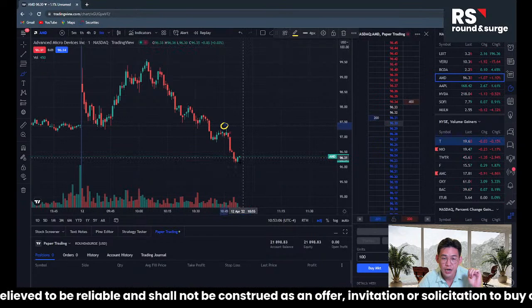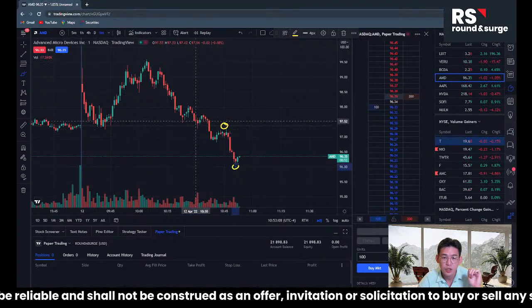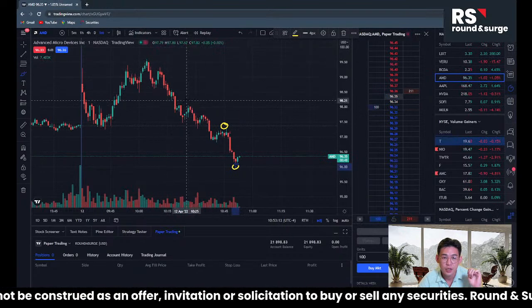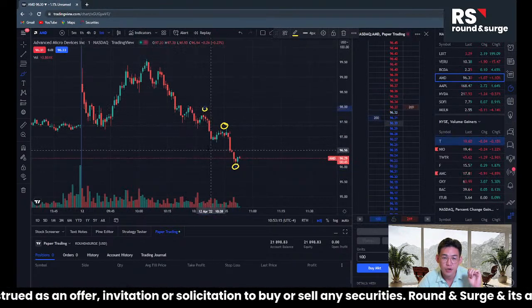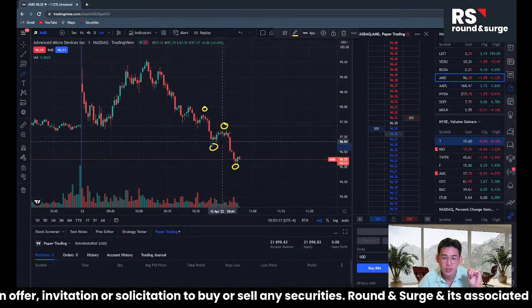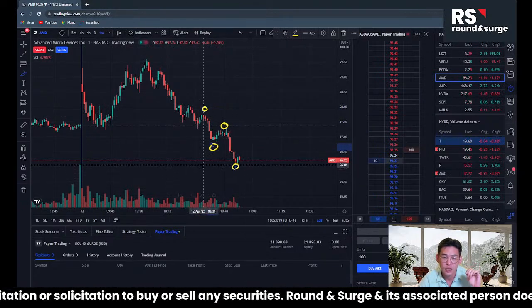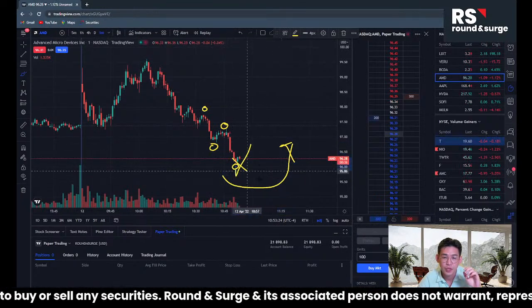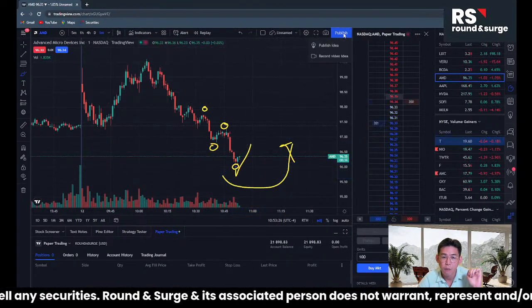Okay, from the previous high here down to here, and then from the previous one here, the degree of the price down is not getting shorter, so we might not see any reversal coming. Okay, so we just have to wait.